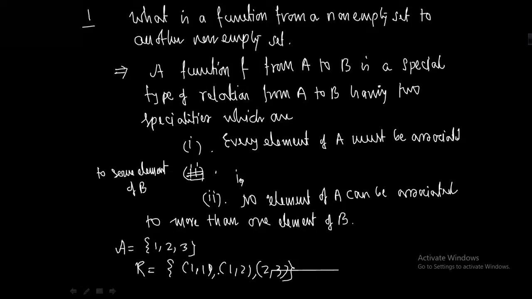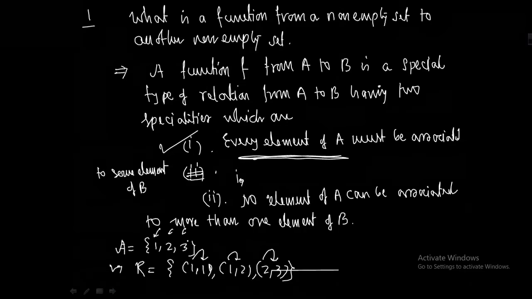Because an element of A is associated with more than one element, 1 or 2. The first criterion is also not satisfied: every element of A must be associated to some element. A contains 1, 2, and 3. But if you look at this relation, 1 is associated to some element, 2 is also associated to some element, but 3 is not associated to any element.